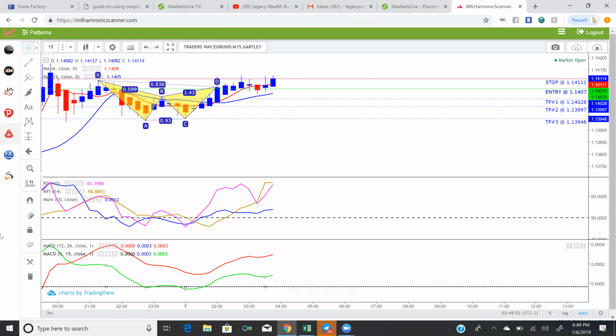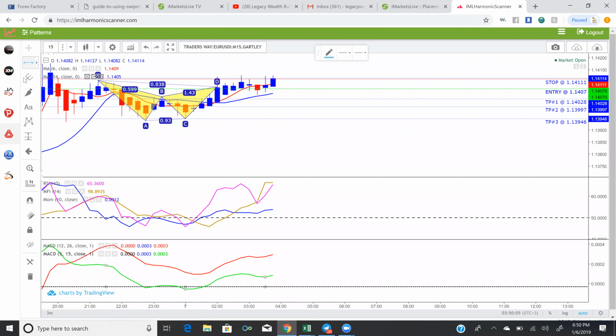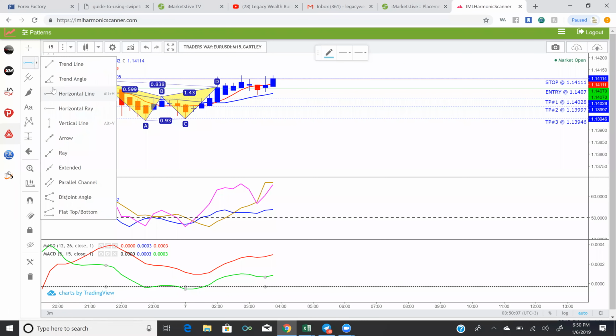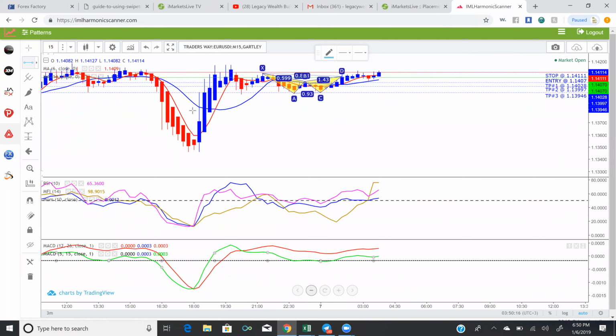Okay, so let's talk about how to use this. First and foremost, the rule of any chart is I want to draw my support and resistance lines. So I'm going to go underneath the cross, click where the horizontal line is, because I want to draw my horizontal line for my support and resistance. Now, I blew my chart up a little bit, but literally my support is right there.